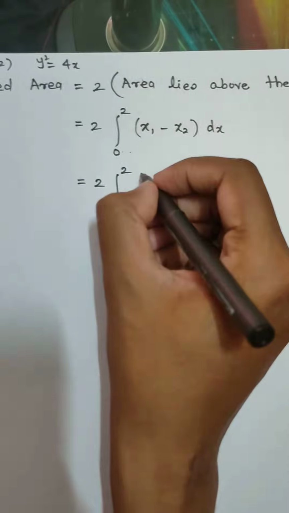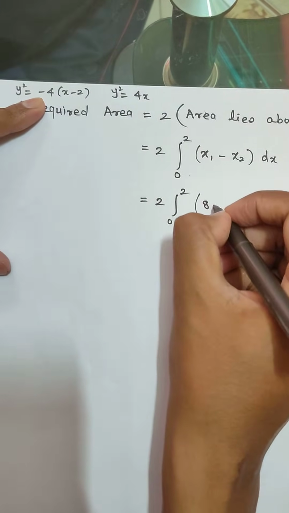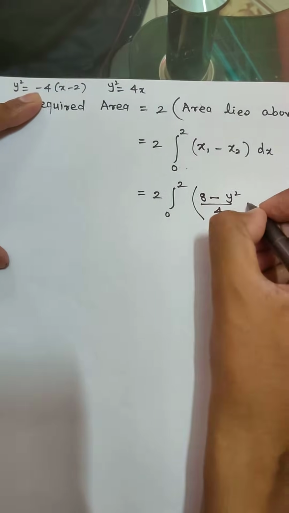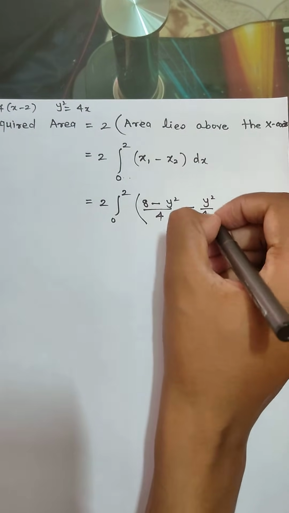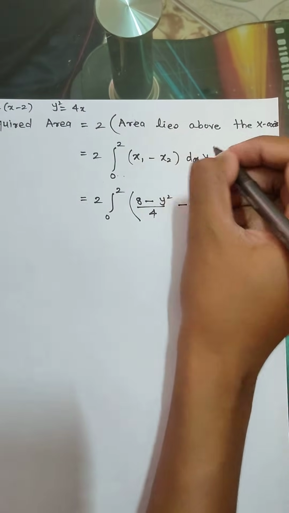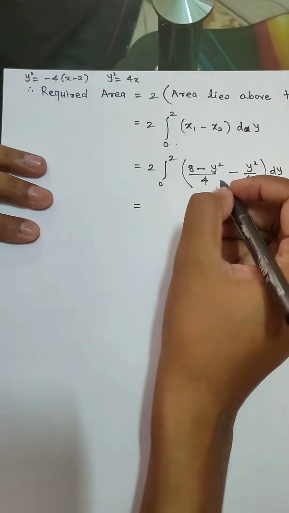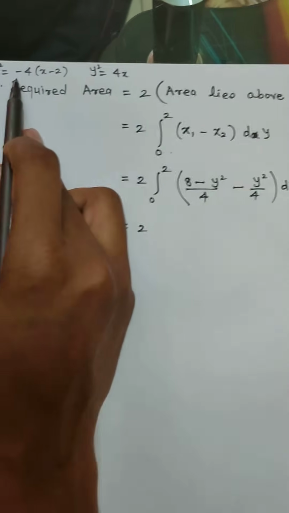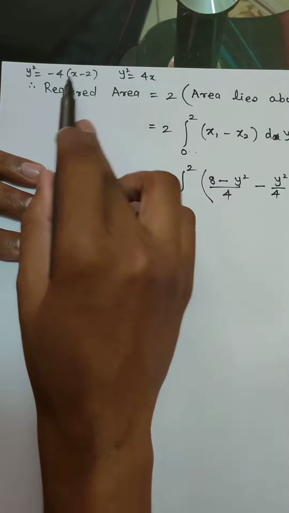What is x1? x1 can be found from here, which is (8 minus y square) by 4, minus what is x here? y square by 4. Sorry, this is dy. Okay, now just try to solve this. I have chosen x1 to be from this curve and x2 to be from this curve. You can take any one to be x1 and any one to be x2.